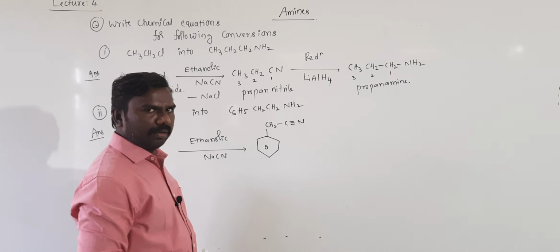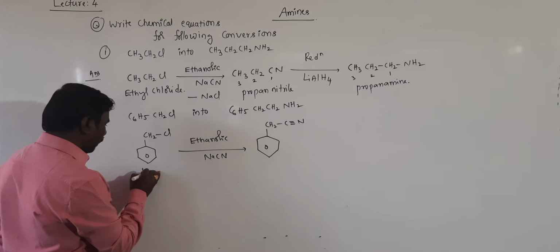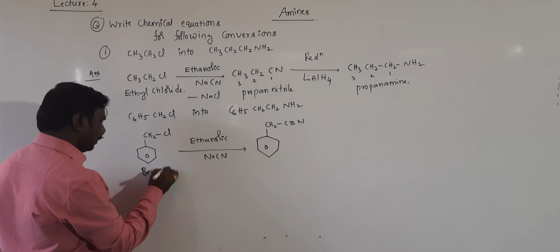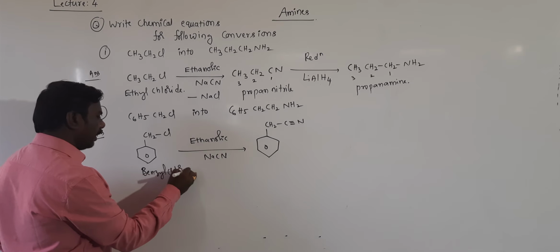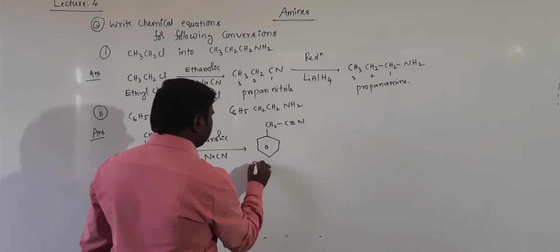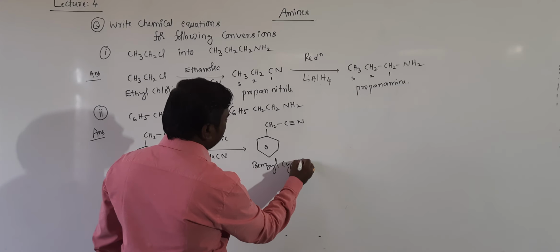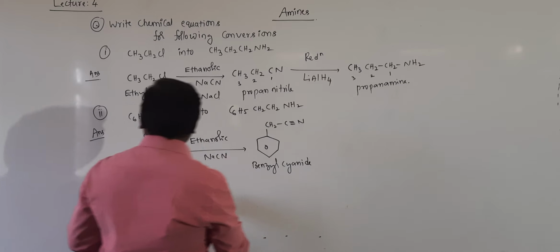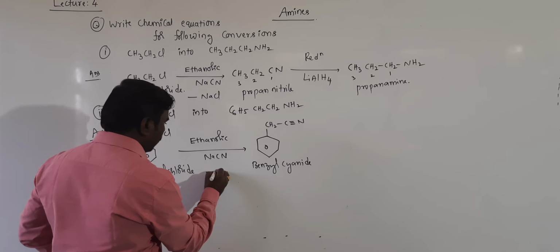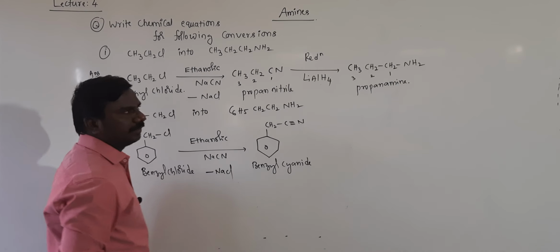Benzyl cyanide will be formed. This is benzyl chloride. This is benzyl cyanide. The byproduct is Na and Cl eliminated as NaCl.